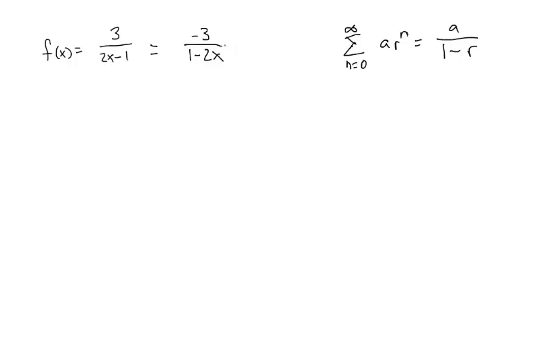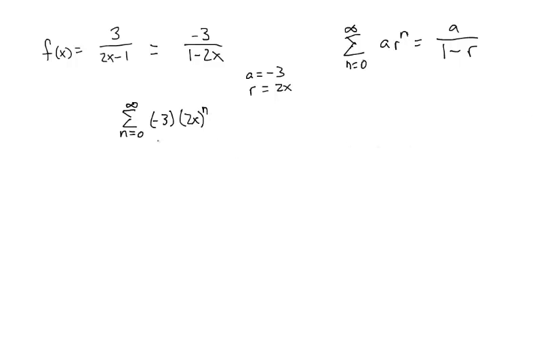So now that we can see a divided by 1 minus r, and now we have negative 3, which represents a, so we can say that we have the series, and remember, a is equal to negative 3, and r is equal to 2x, so we have the series from n is equal to 0 to infinity of negative 3 times 2x raised to the n.